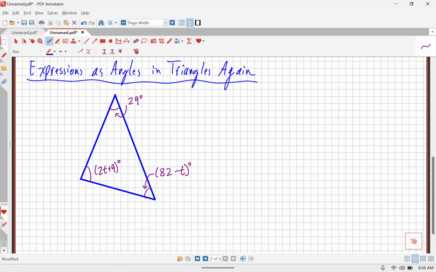Okay. Can I get you guys back up here in 5, 4, 3, 2, 1? All right. Finn, can you tell me what's the setup here? What am I going to do with these three expressions that I've got for the angles?